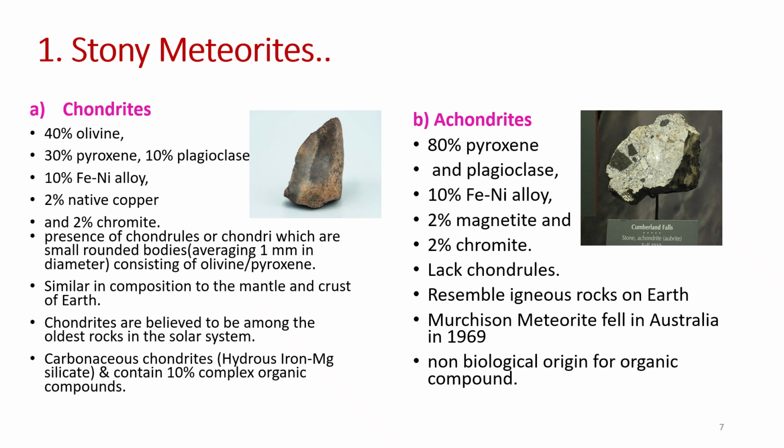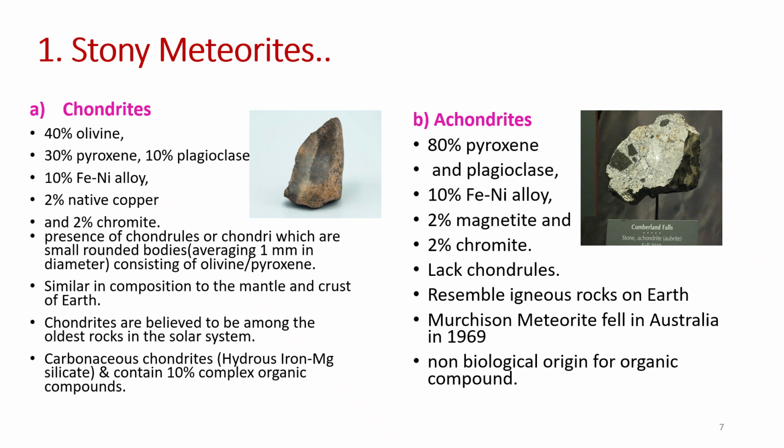The presence of chondrules, small rounded bodies averaging around 1 millimeter in diameter consisting of olivine or pyroxene, and these are similar in composition to the mantle and the crust of the earth. And chondrites are believed to be among the oldest rocks in the solar system.